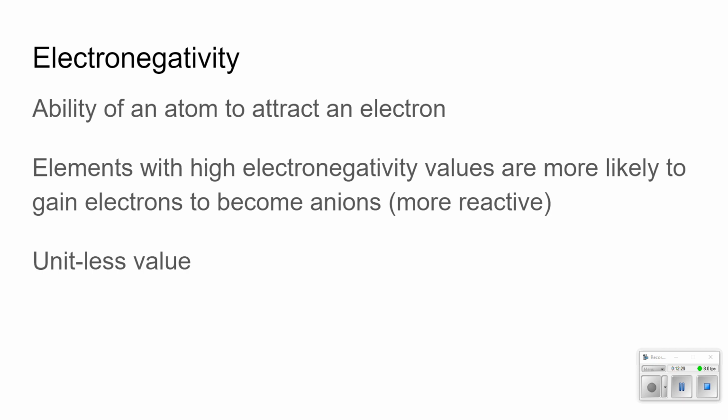What's weird about electronegativity, though, it's a unitless value. It's just a ranking system, more or less. But it's an important ranking system that we are going to refer to in the next unit as well when we discuss bonding. So again, electronegativity, maybe circle high EN on your note sheet.